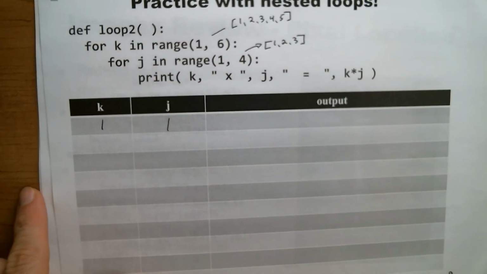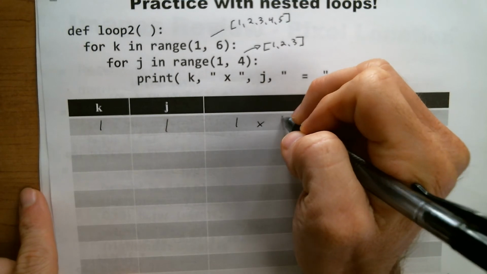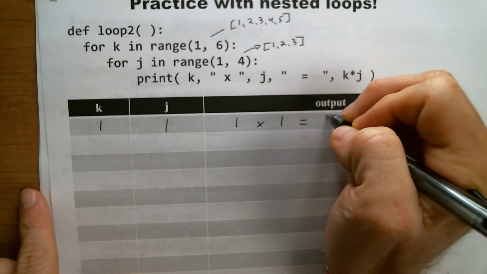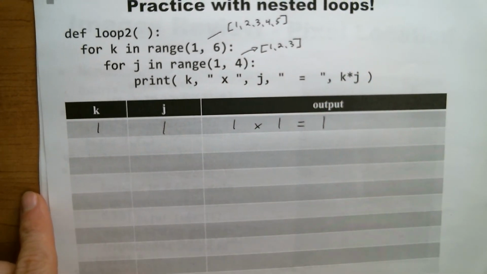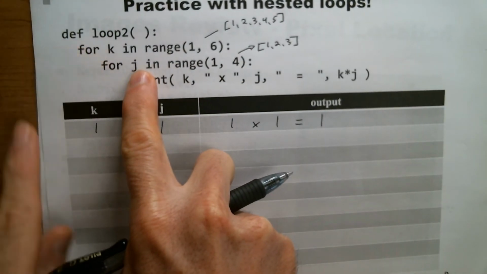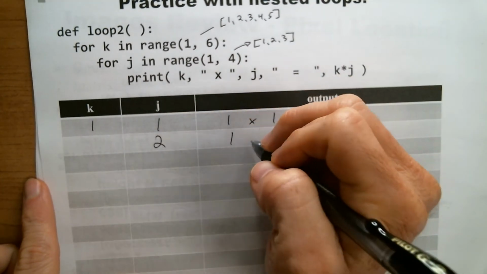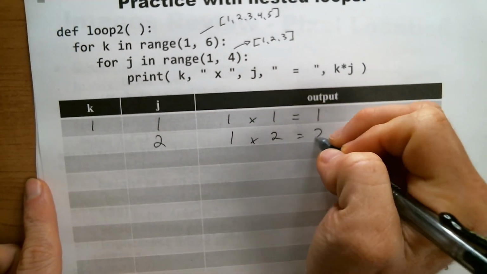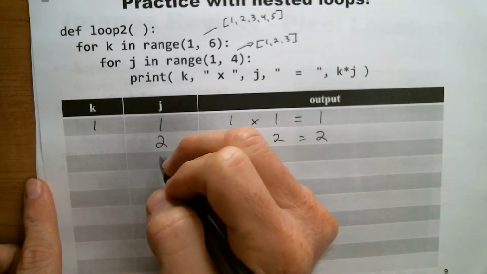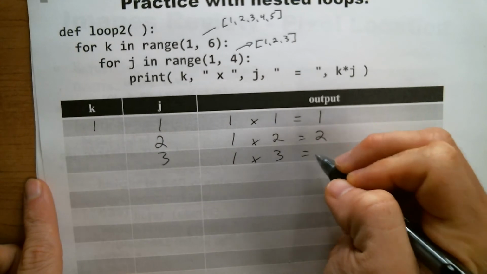J is going to be 1. And it's going to print out 1 times 1 equals 1. Okay. Then J is going to go up, but K is going to stay the same. So J will go to 2, and it'll be 1 times 2 equals 2. J will go to 3. It'll be 1 times 3 equals 3.